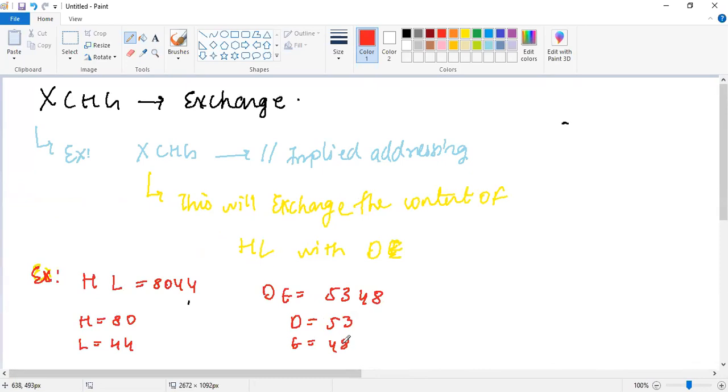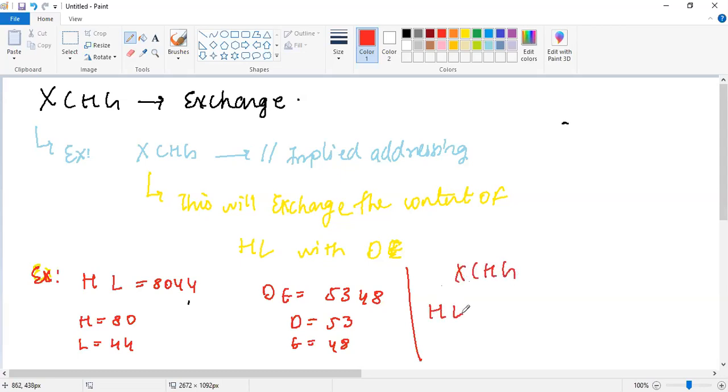Is the screen visible? Okay, fine. So in your HL there is this data. Now if we write the exchange instruction, then what will happen?